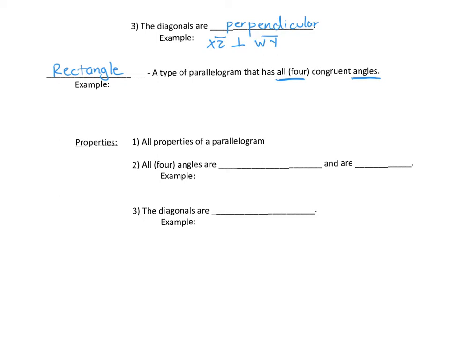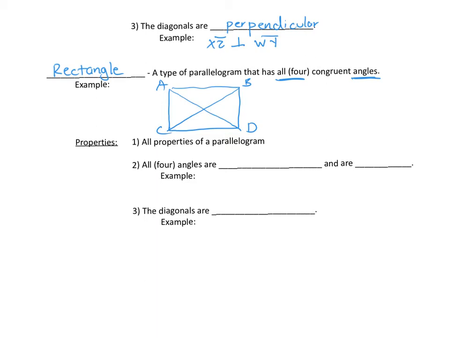Where in the rhombus all the sides are congruent, in the rectangle all the angles are congruent. So you should know how to draw a rectangle by now. We'll call this A, B, C, and D. Draw this here. The sides don't have to be congruent.